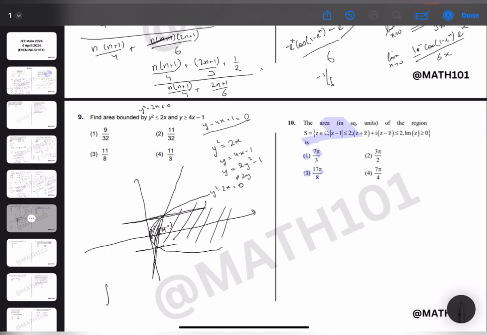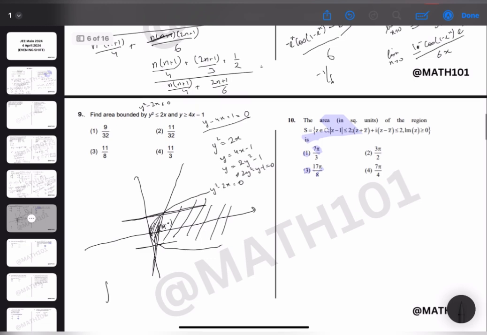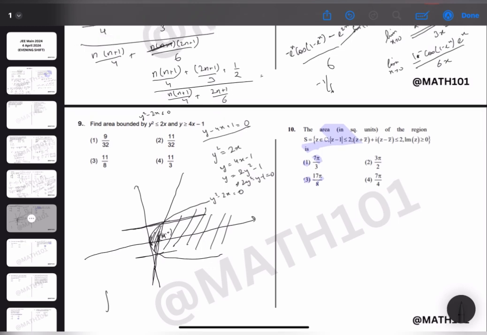Simplify that: 2y square minus y minus 1 equals 0. 2y square minus 2y plus y minus 1 equals 0. This is 2y plus 1 into y minus 1. y equals 1 or minus half. So minus half to 1.